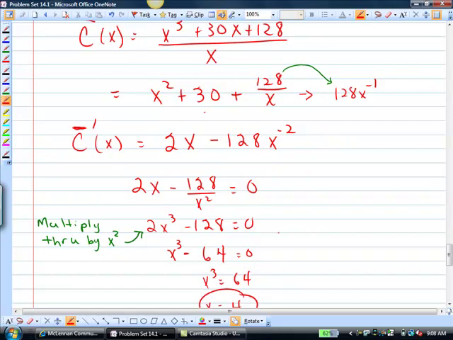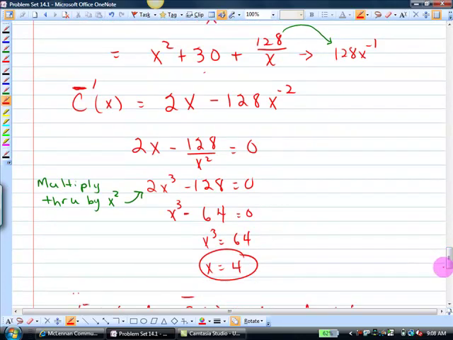I'm going to divide everything by 2, and that leaves x cubed minus 64 equals 0. Okay? Add your 64 to the other side, so you have x cubed equals 64. Cube root of 64 is 4. So that solves down to x being 4.